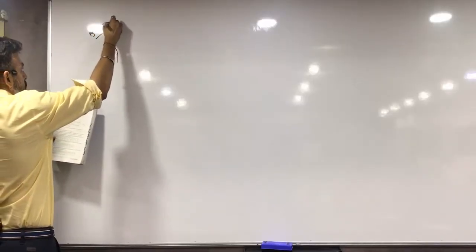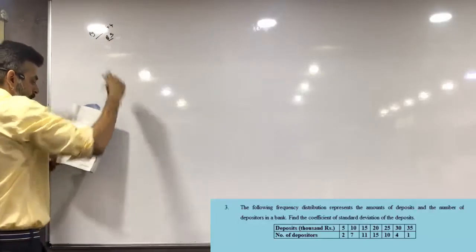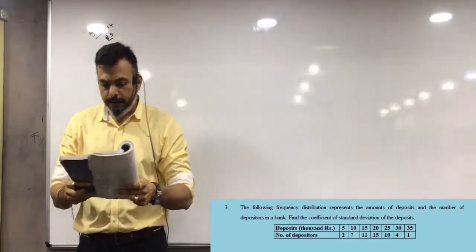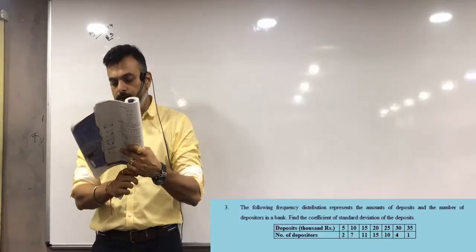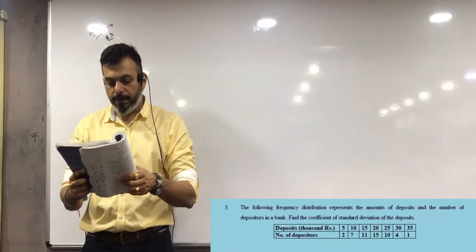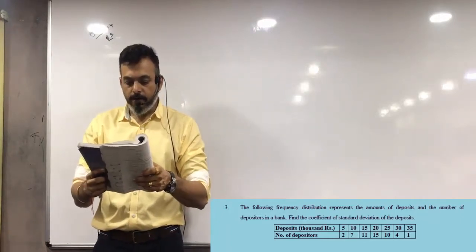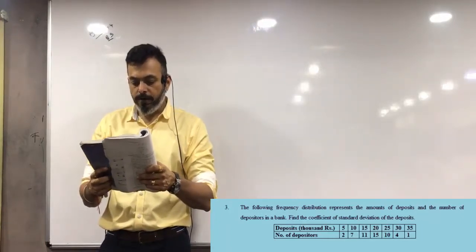Exercise 4.4, Question number 3. The following frequency distribution represents the amount of deposit and number of depositors in a bank. Find the coefficient of standard deviation of deposits.